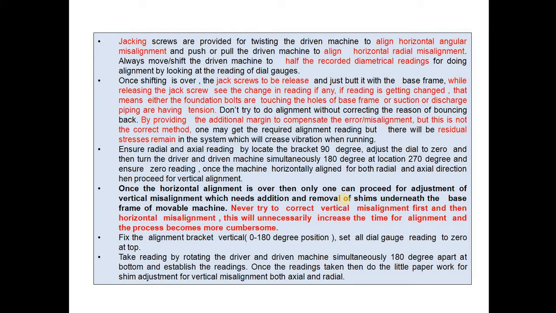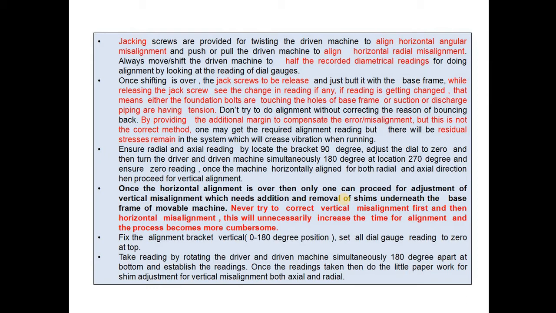If the reading gets disturbed, that means your foundation bolt may be touching the hole of the motor base frame or driven machine. If you try to compensate that reading with the alignment reading, you may get a perfect alignment reading, but your alignment procedure will not be correct, and your aim will not be satisfied. When you start the pump, it will vibrate.